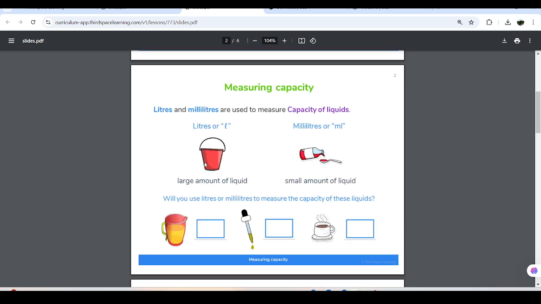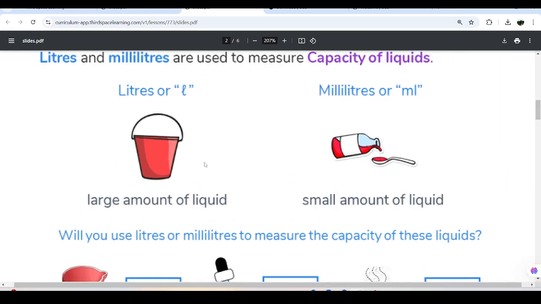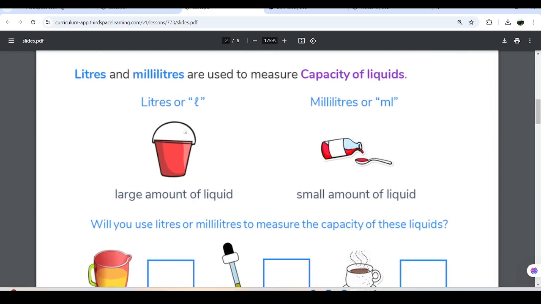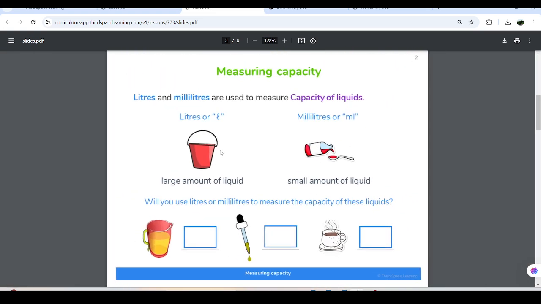Which one is bigger, liter or milliliter? Liter. So when there is a large amount of liquid, we use liter. When there is a small amount of liquid, we use the milliliter unit.